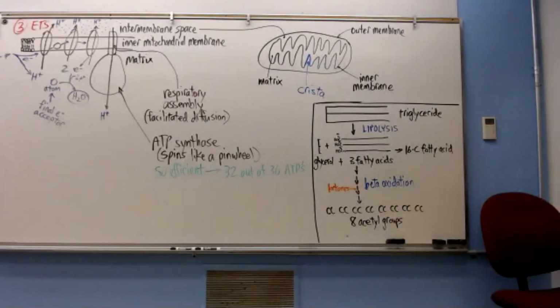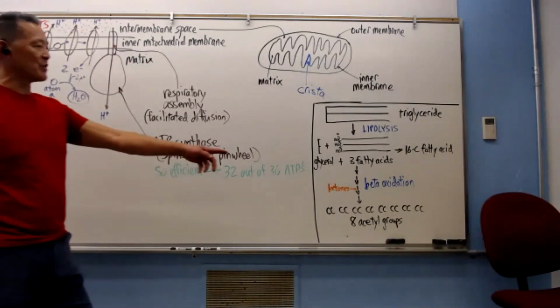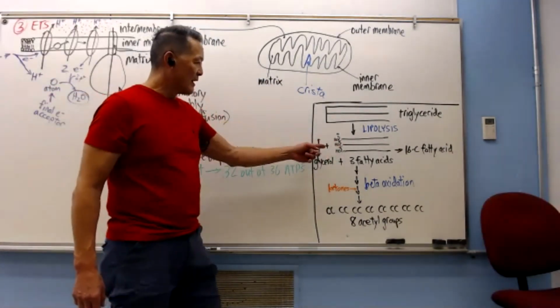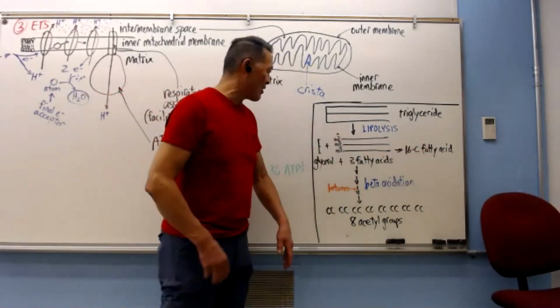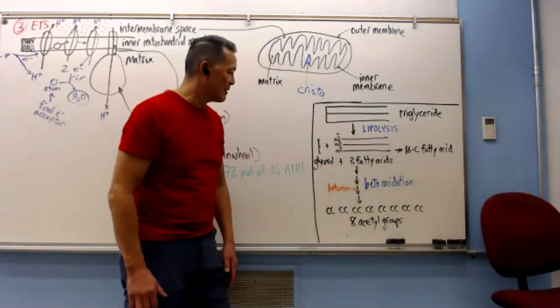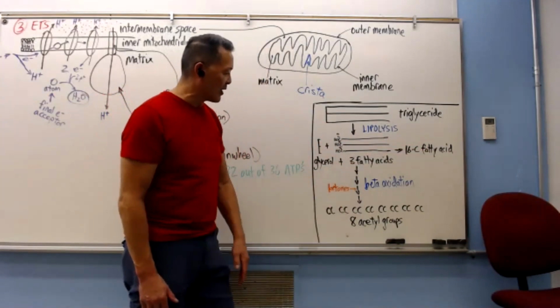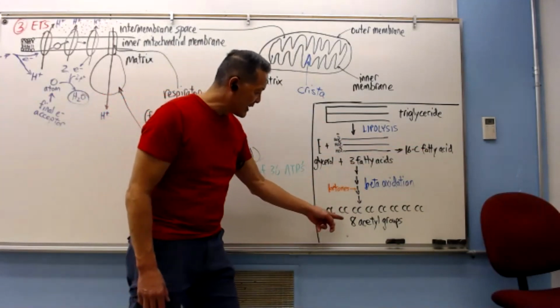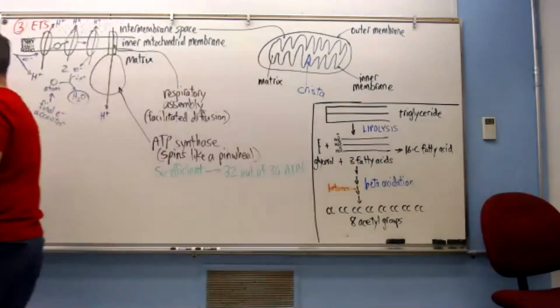If you're going to break down fats to make ATP, you got to take that triglyceride. You got to first go through lipolysis to get glycerol and 3 fatty acids. Each one of these is 16 carbons long, and that's just an example. There are other ones. It's going to go through a whole series of reactions we call beta oxidation to get you 8 acetyl groups.